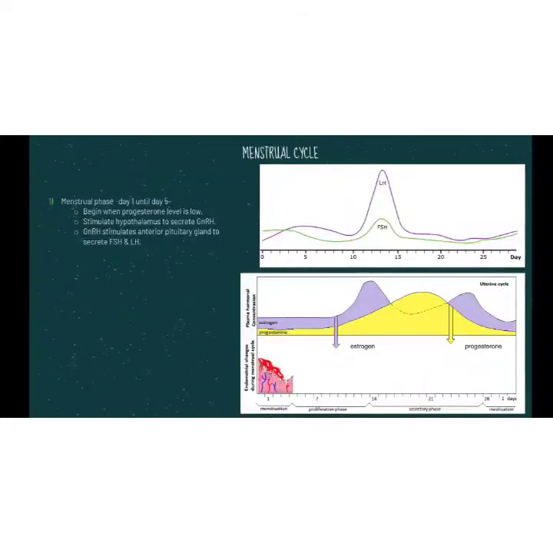GnRH stimulates the anterior pituitary gland to secrete FSH and LH. FSH stimulates the growth and development of follicles in the ovary. It will release estrogen.